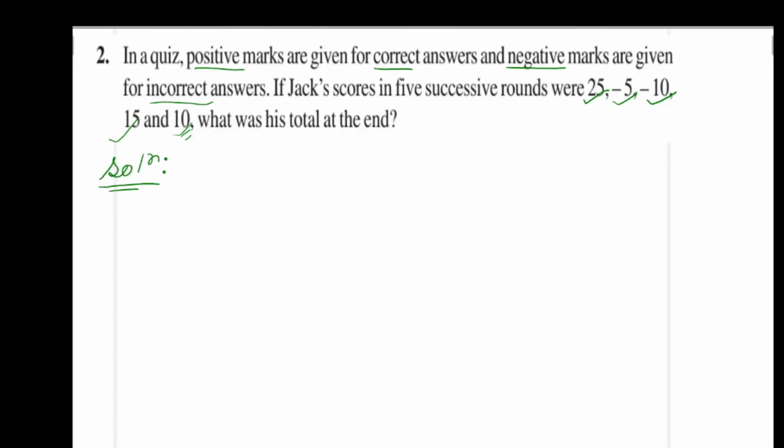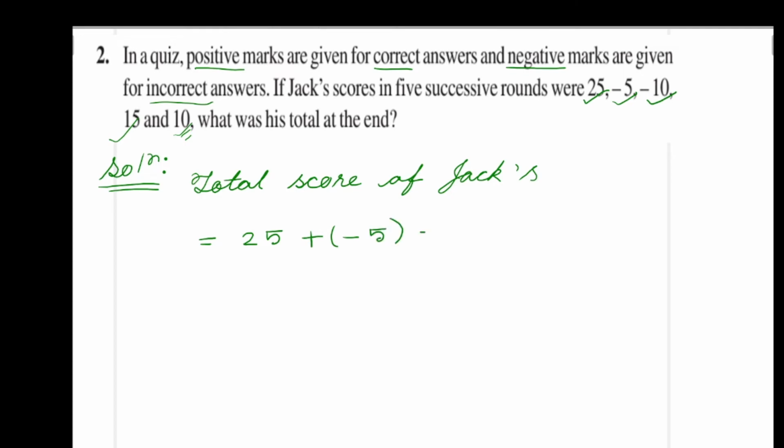Solution, how to write? Total score of Zax equals what? 25. To find out the total, obviously we have to do plus minus 5, plus minus 10, plus 15 plus 10. Okay. Now first we have to break the bracket.